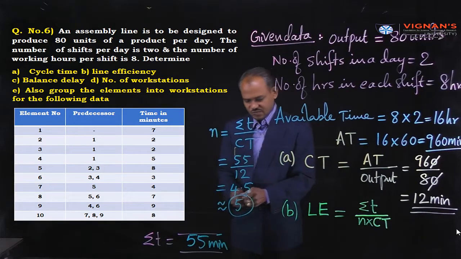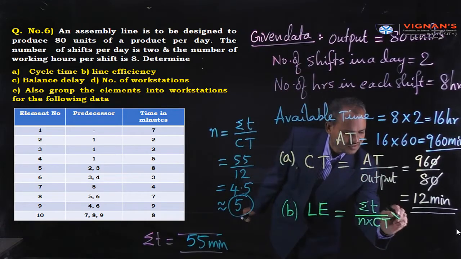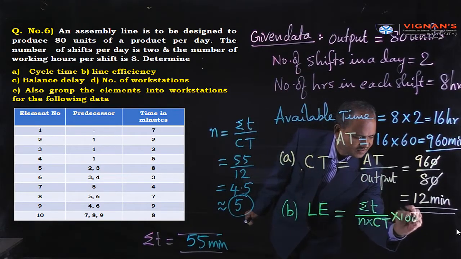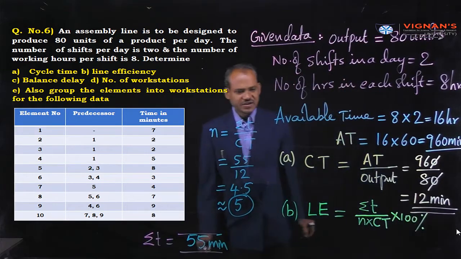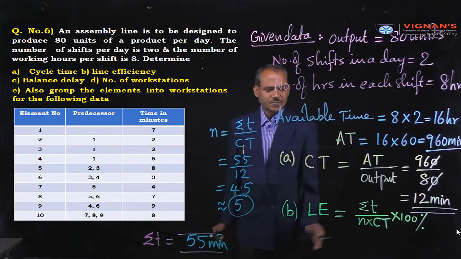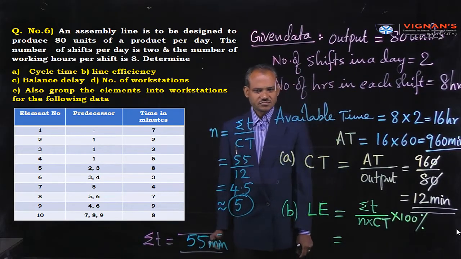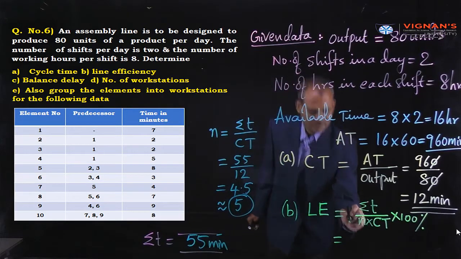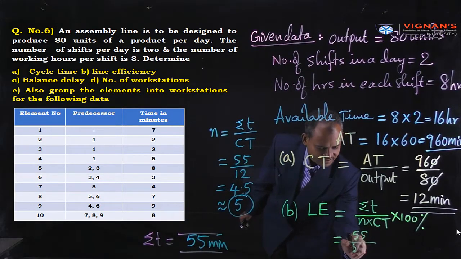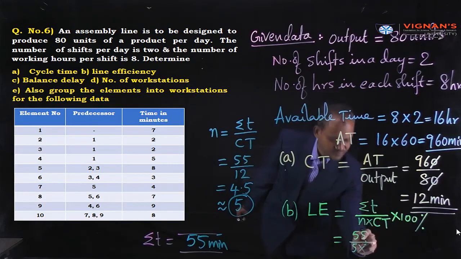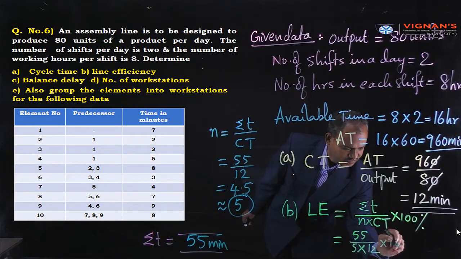But line efficiency should be represented in percentage, so multiply this fraction by 100. Substitute all the values. Sigma T means 55, N means 5, CT means 12, into 100.